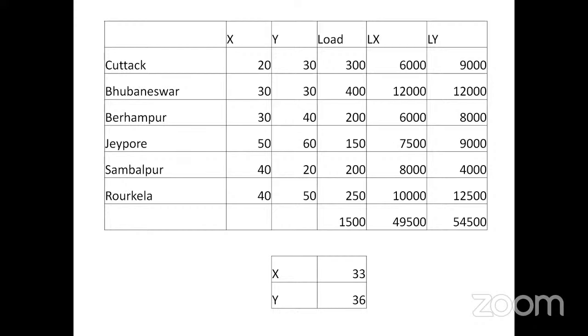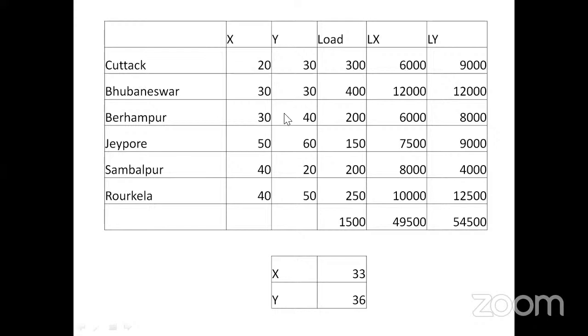Now, Cuttack coordinate. Just to explain numerically, I have taken up some example. Let us assume Cuttack, x coordinate is 20, y coordinate is 30. Bhubaneswar, x coordinate is 30, y coordinate is 30.